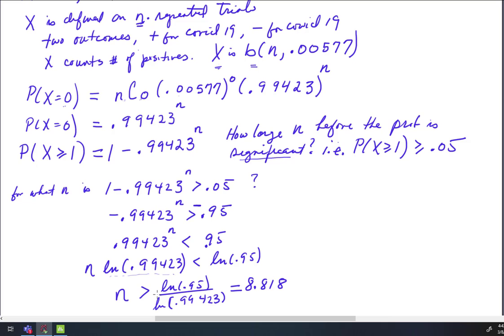So what is that telling me? If I join a crowd that's greater than 8.818 people, so what would that have to be? Greater than 8, greater than 9, greater than or equal to 9 people.